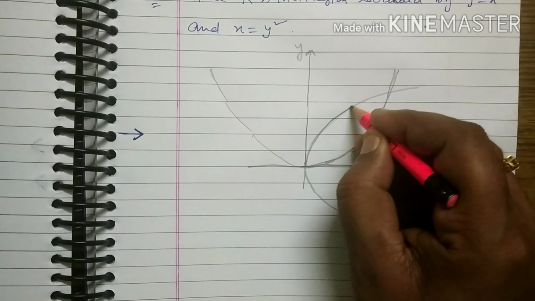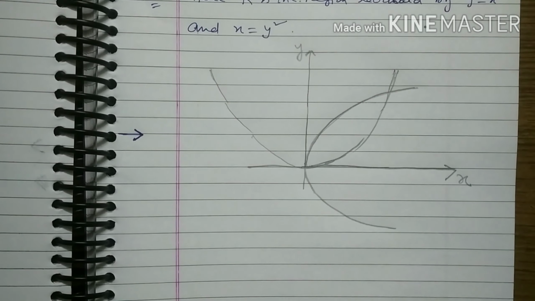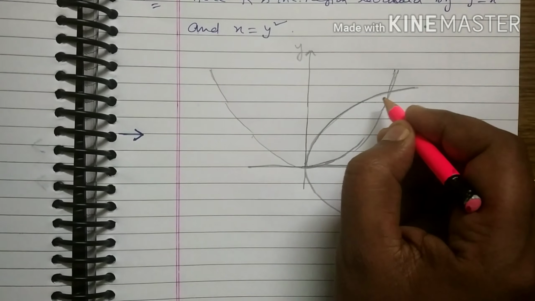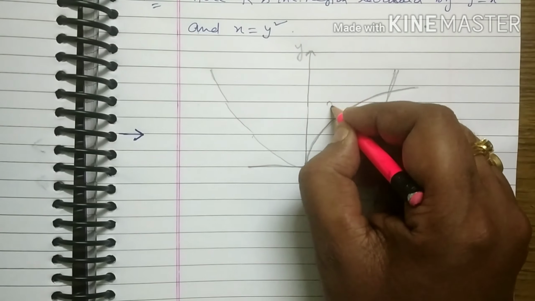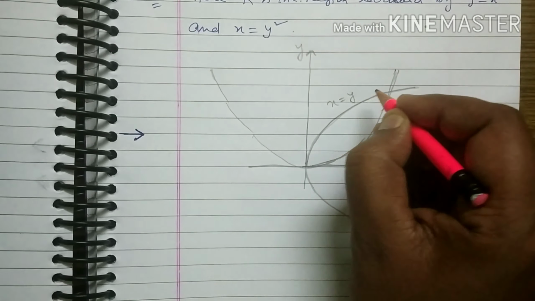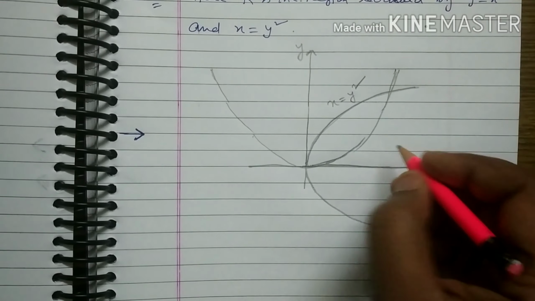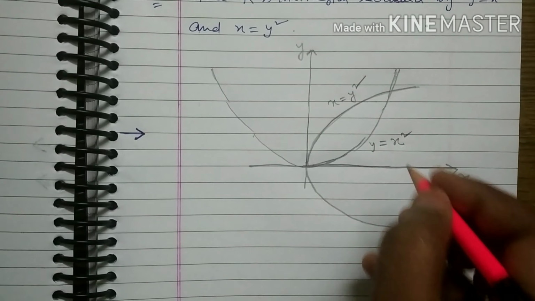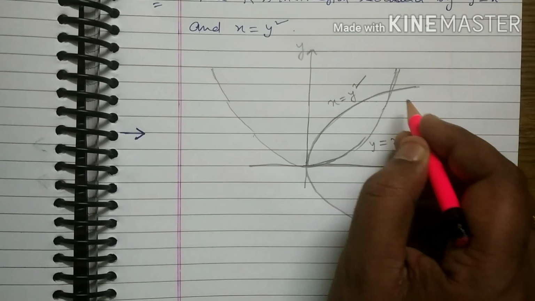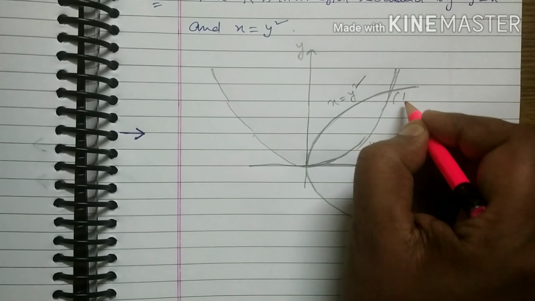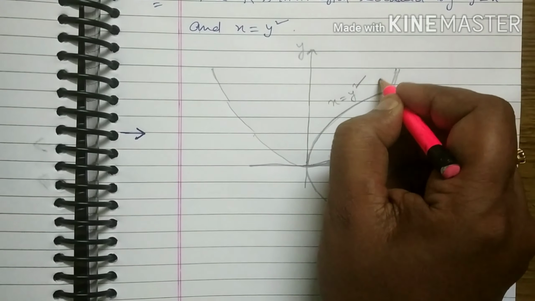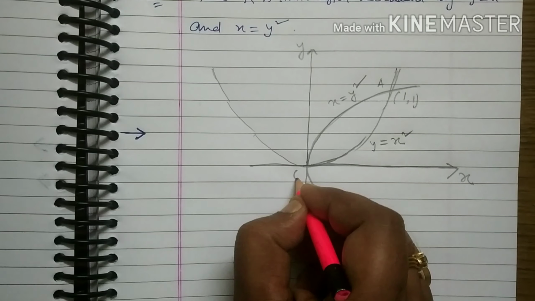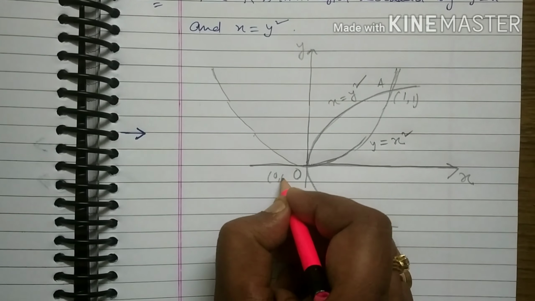This is x equals y square and here it is y equals x square. Okay, and the point of intersection is (1, 1), that is A. Okay, this is origin (0, 0).